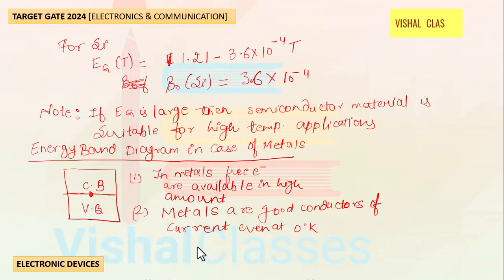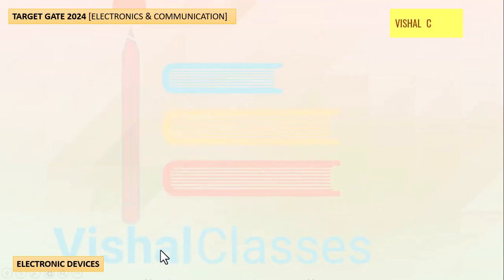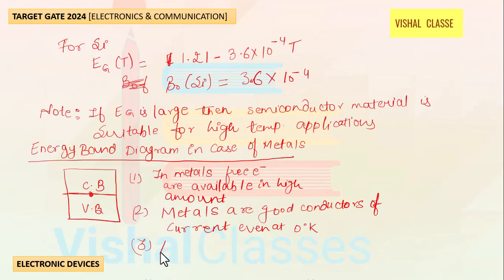This band diagram is at 0 Kelvin. Suppose at 300 degree Kelvin, room temperature, what will happen in case of metals?